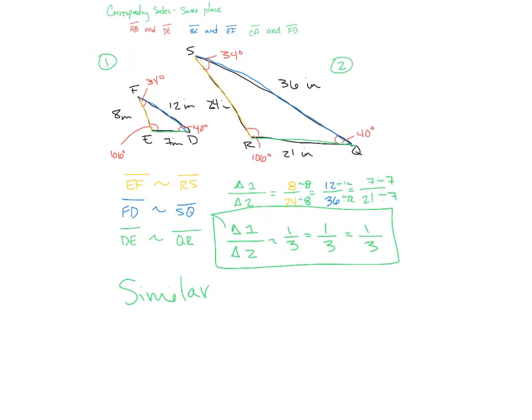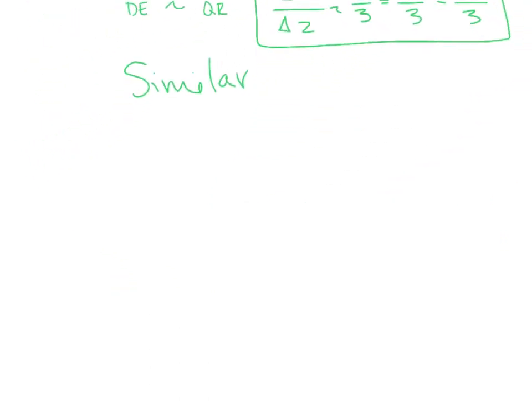So let's look at one more thing here. We have a four-sided shape. This is a trapezoid. And we have a smaller one, and it looks like this. And then we have blue, and then we have green, and then we have black.